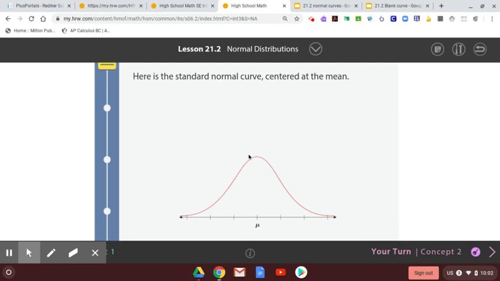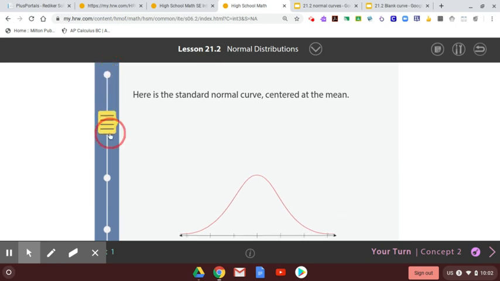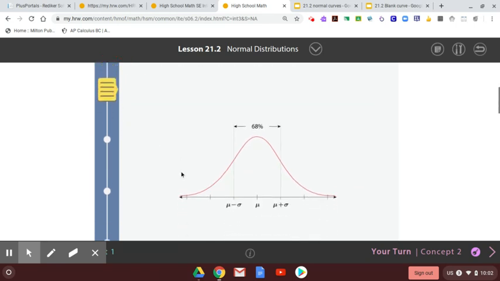And then whatever the mean value is of the data, we put at the center. So this is our symbol for mu. And whatever value for your data is the mean, that value would go here. Then, as you move outside of the mean, so if you move 1 sigma to the right or 1 sigma to the left, remember sigma is the standard deviation.